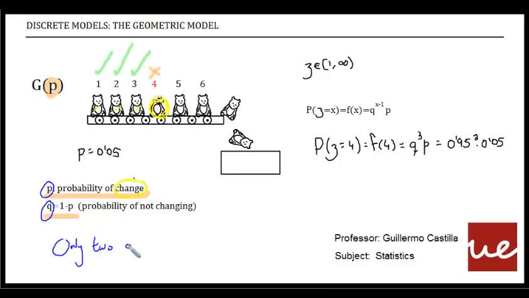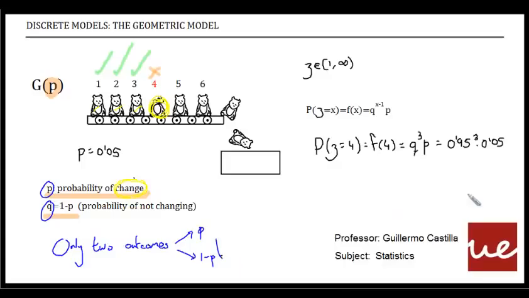We have a problem where there's only 2 possible outcomes. Either the thing changes or it doesn't change.